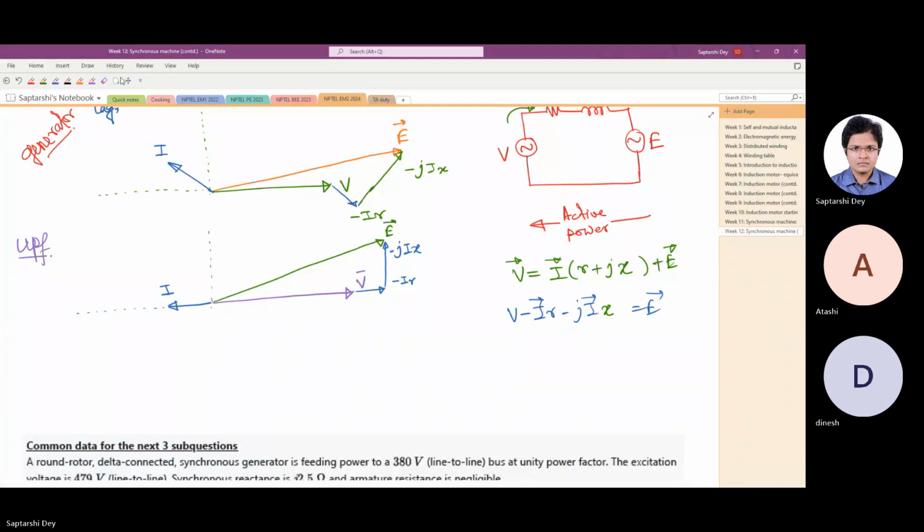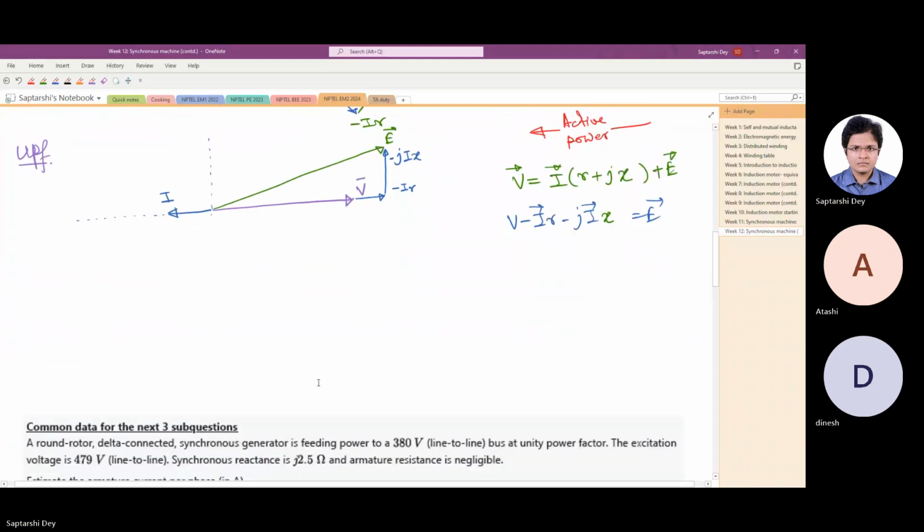And the last one, we are doing for leading power factor. Similarly, we take V in this direction, leading power factor. So the current is somewhere here.